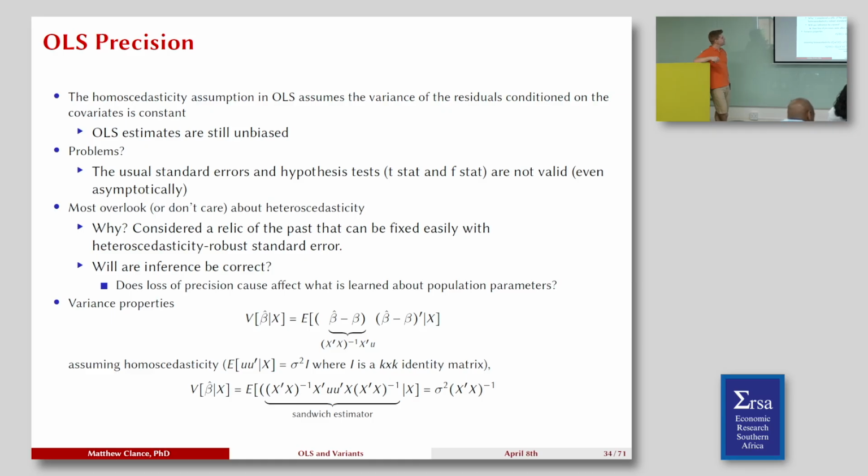But basically it's all about a loss of precision. You might be saying something is significant, but once you correct for how much weight is given to those deviations, you might find yourself no longer significant.